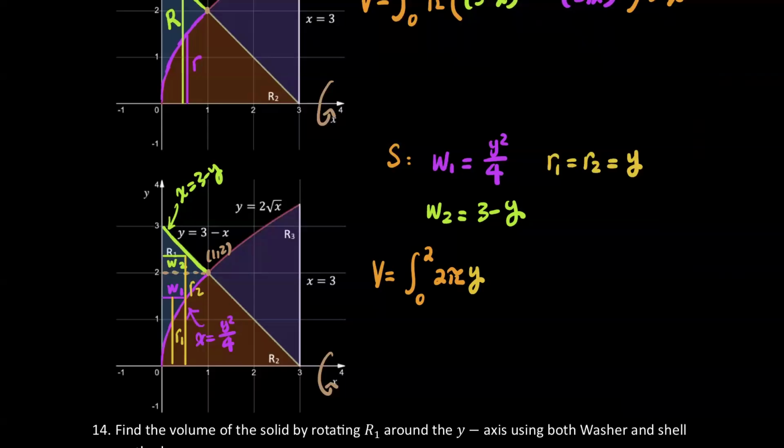It's just W1, y squared over 4. Plus the upper portion goes from 2 to 3, 2 pi r times the width.